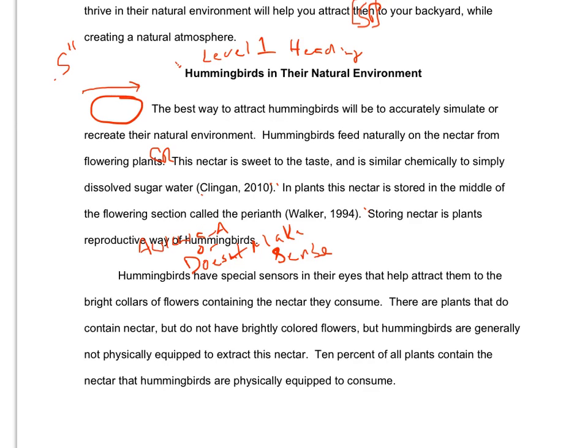Storing nectar is plants' reproductive way of hummingbirds. It doesn't make any sense. And most of you can pretty clearly tell it doesn't make any sense, but you would be surprised how many times I'll read a sentence like that throughout this course. One that doesn't make any sense at all. So, if you see awkward grammar, sentence doesn't make any sense, you need to read through that and figure out where your problem is. You know, I'm not going to rewrite your sentences for you, but you've got something going in there grammatically or just in the way your sentence is built that it really doesn't make sense and it needs to be reviewed.